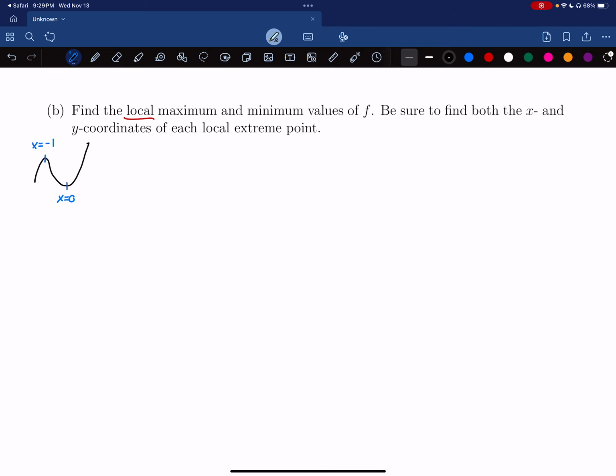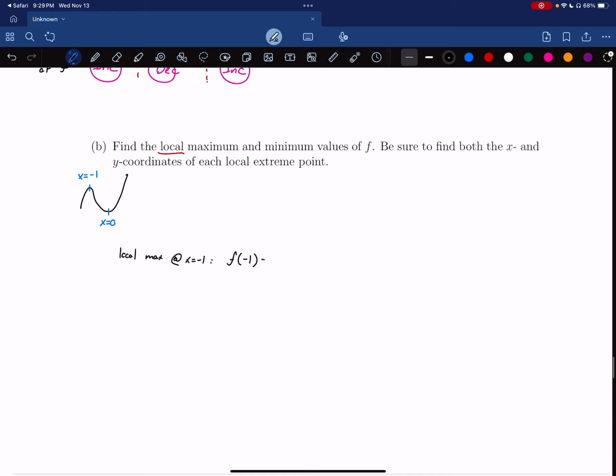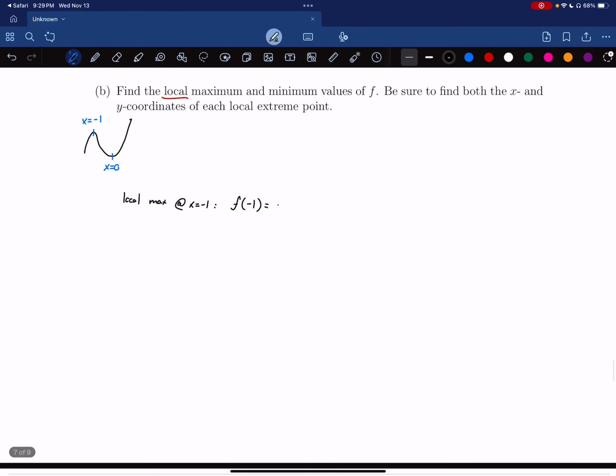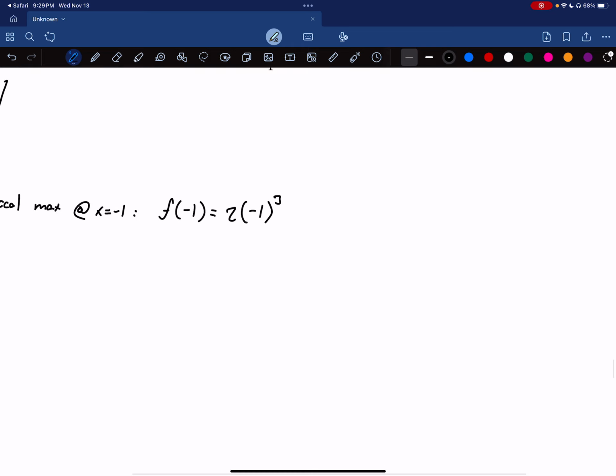So let's do that. We know we'll have a local max at x equals -1. So f of -1. Notice I'm not using f prime, I'm using f, because we want to find the regular coordinates. This just comes from our function right here. 2 times (-1) cubed. Please use parentheses when you're plugging in, especially when you deal with negatives.